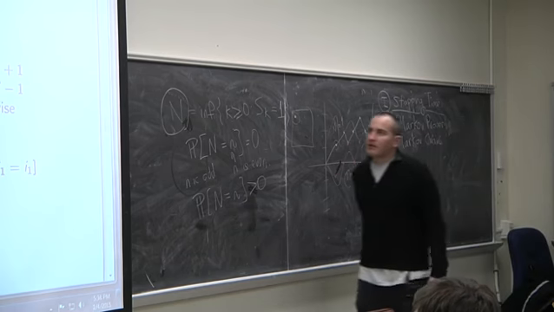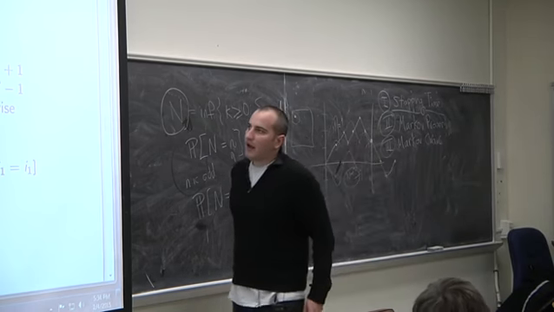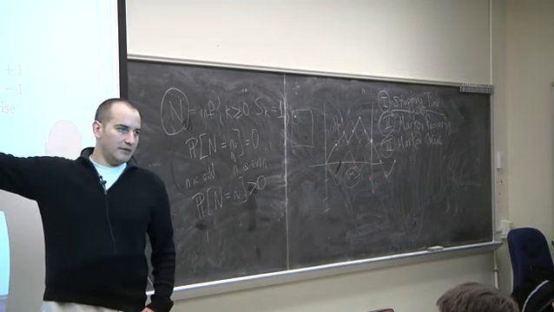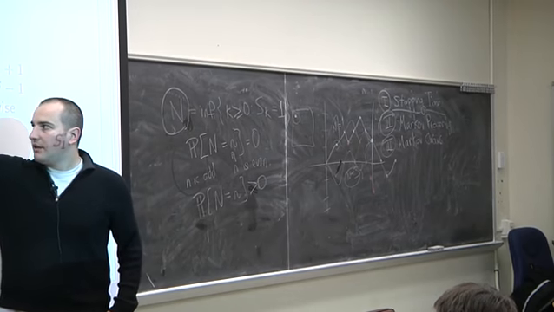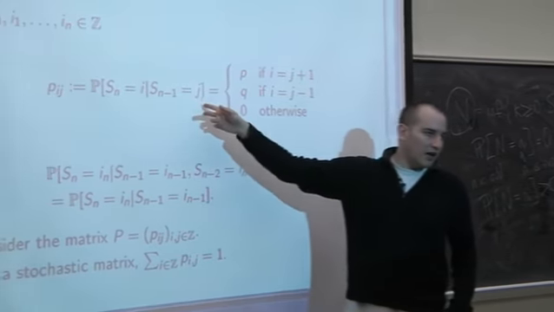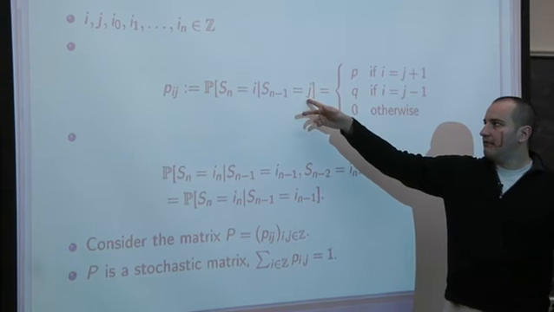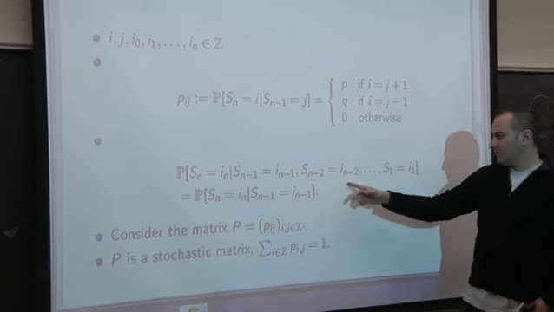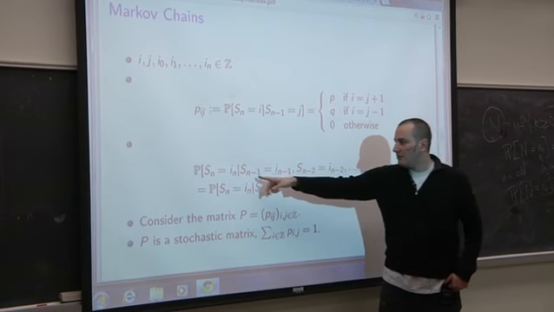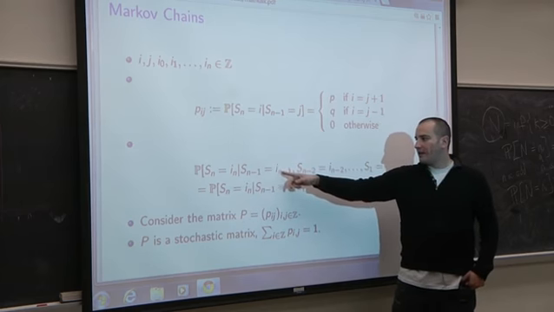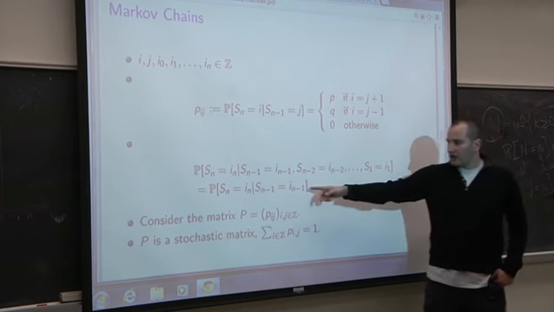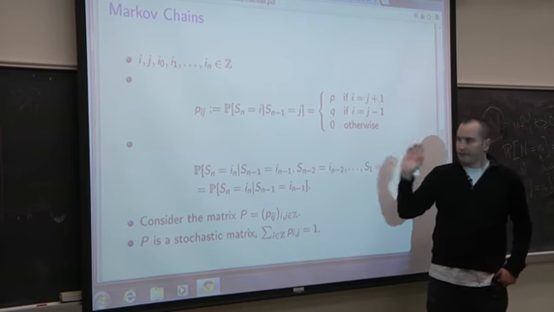So again, our random walk can take values in Z. And we notice that it has the Markov property in the sense that, for integers i and j in Z, the probability of being at i given that I'm at j only depends on j, not on the whole history. The probability that I will be at i_n given that I am at i_{n-1} and the full history does not depend on what I was before.